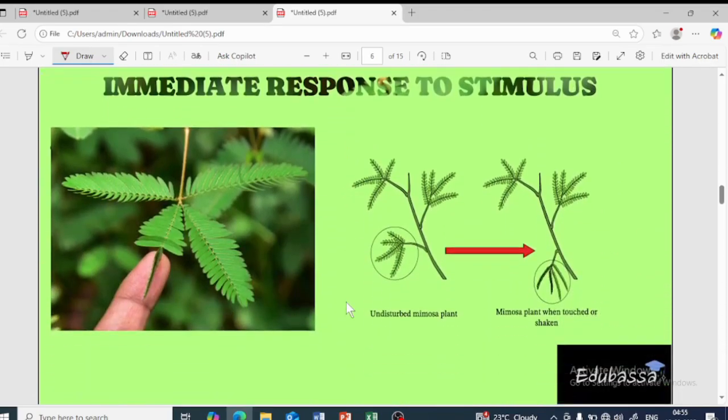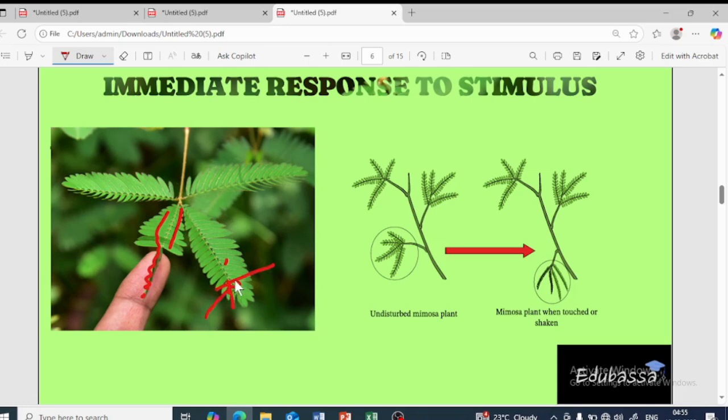I will explain it with the picture. I will be touching here. What happens when I touch here? The electrochemical signal will be passed to all of the cells. If it is folded here, the entire thing will be folded. The cells will be present here, and they are very sensitive to touch.